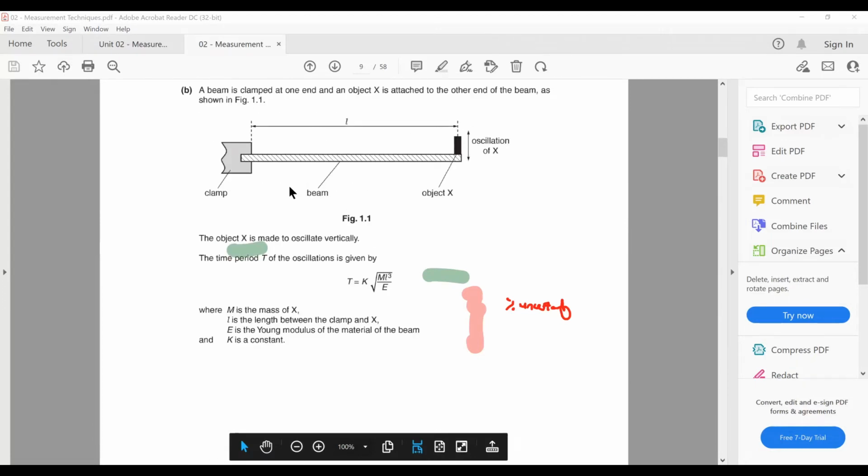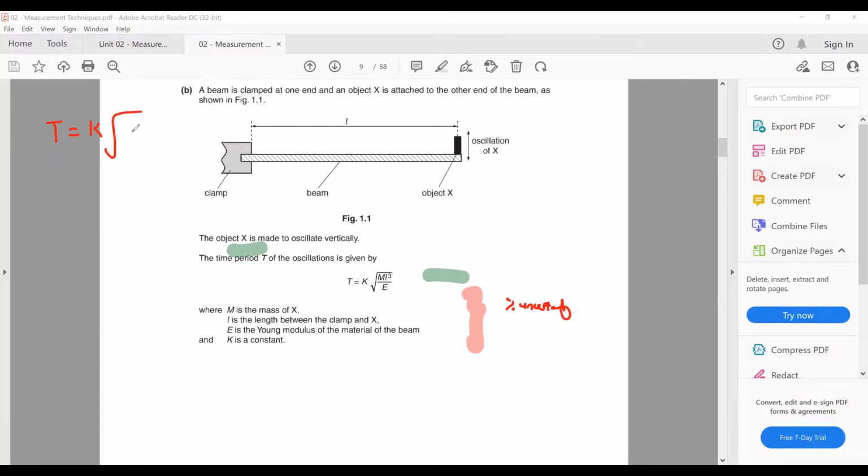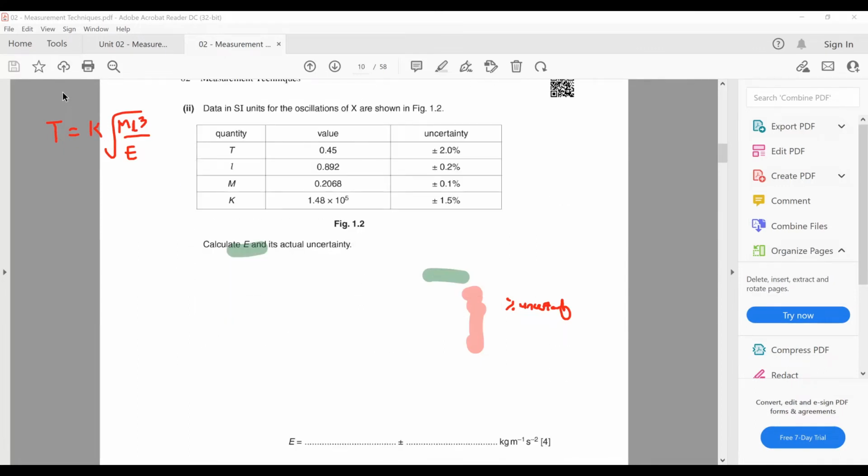So let me just write some of the stuff here. If T equals K square root of ML cubed over E, and you want to calculate E and its uncertainty, you need to first make E the subject.